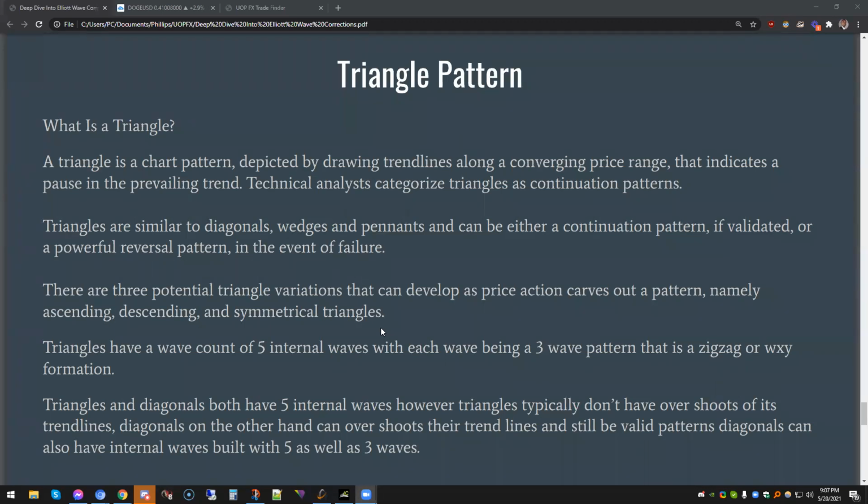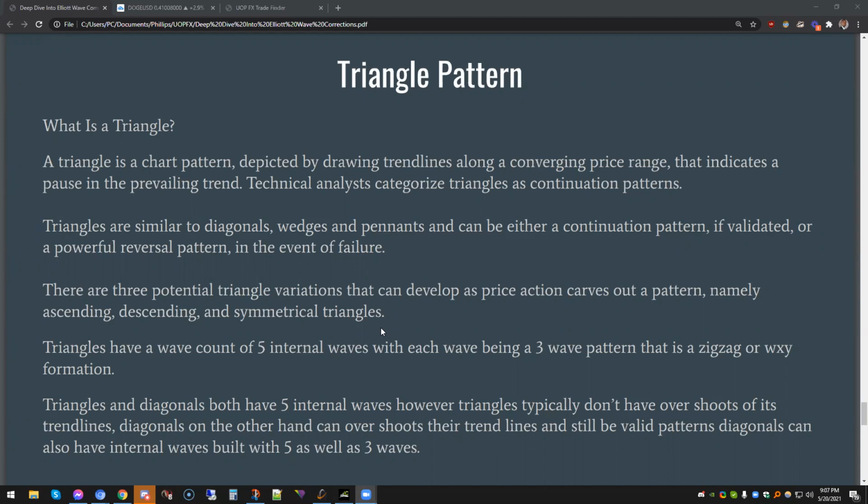So we have basically 3 variations of the triangle pattern. We have the ascending triangle, the descending triangle, and the symmetrical triangle. Now, triangles have a wave count of 5 internal waves, with each wave being a 3-wave pattern.